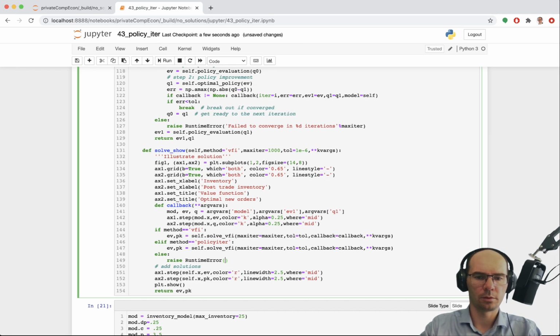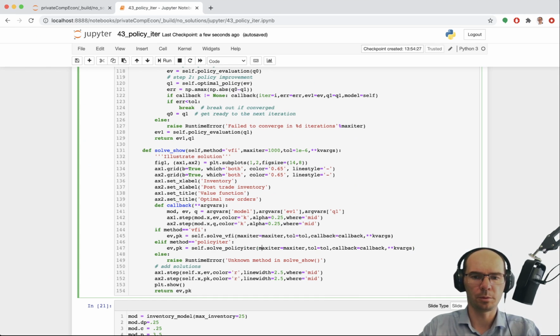Error: known methods in solve show. Okay, and if it is policy iter, then we solve it with policy iter. Max iter tolerance callback works. Yeah.